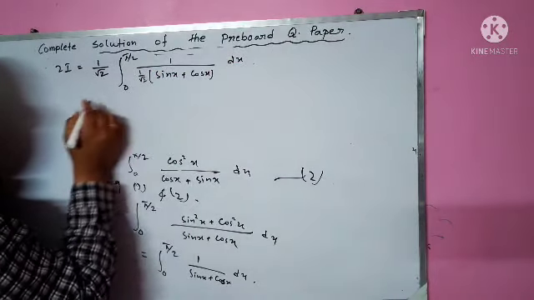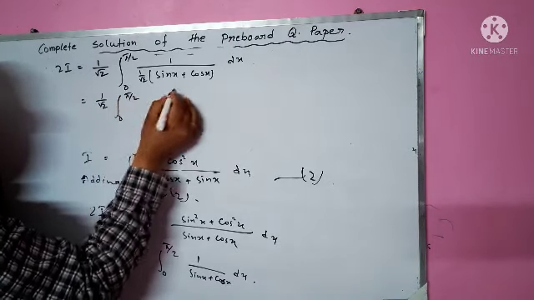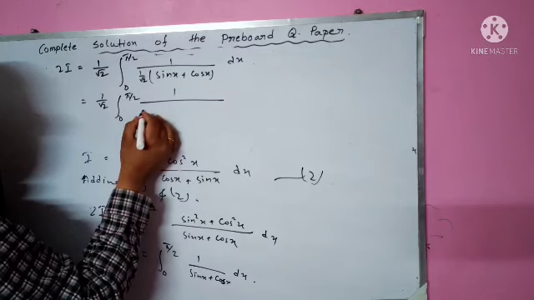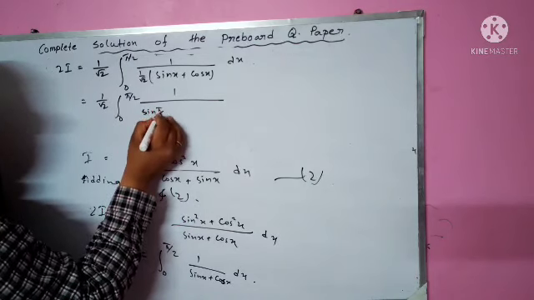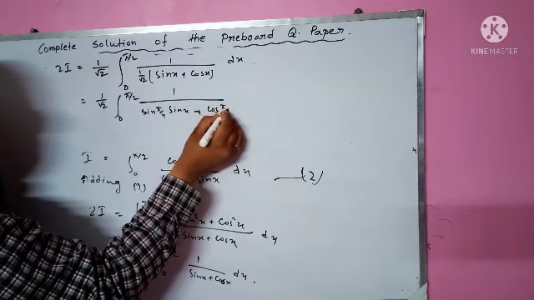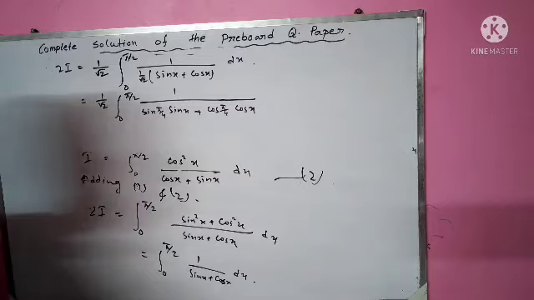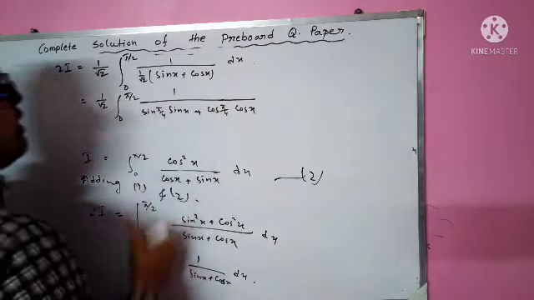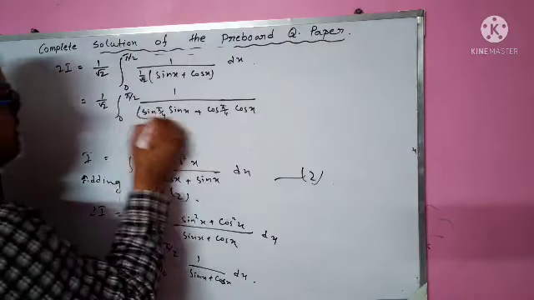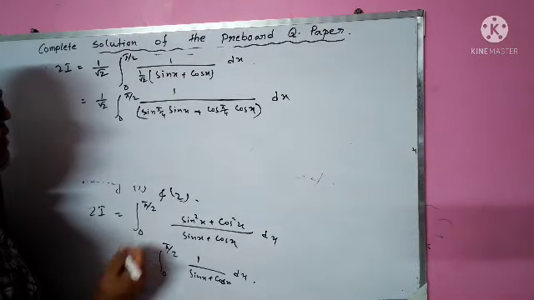This 1 by root 2, I can write as sin 45 as well as cos 45. Let us write it as sin 45 at first: sin pi by 4 sin x plus cos pi by 4 cos x. This 1 by root 2, once I have taken as sin pi by 4, another time as cos pi by 4, as this will make the formula for cos of x minus pi by 4.